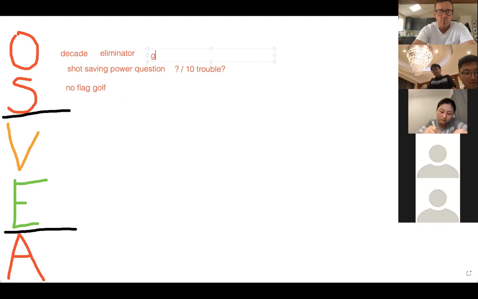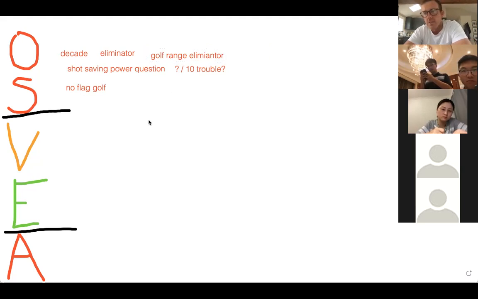You can also play golf range eliminator. You could just set that up for the kids. Tell them, draw out your range. And on the range that you draw, you could get a print from Google Earth and you can actually draw water.